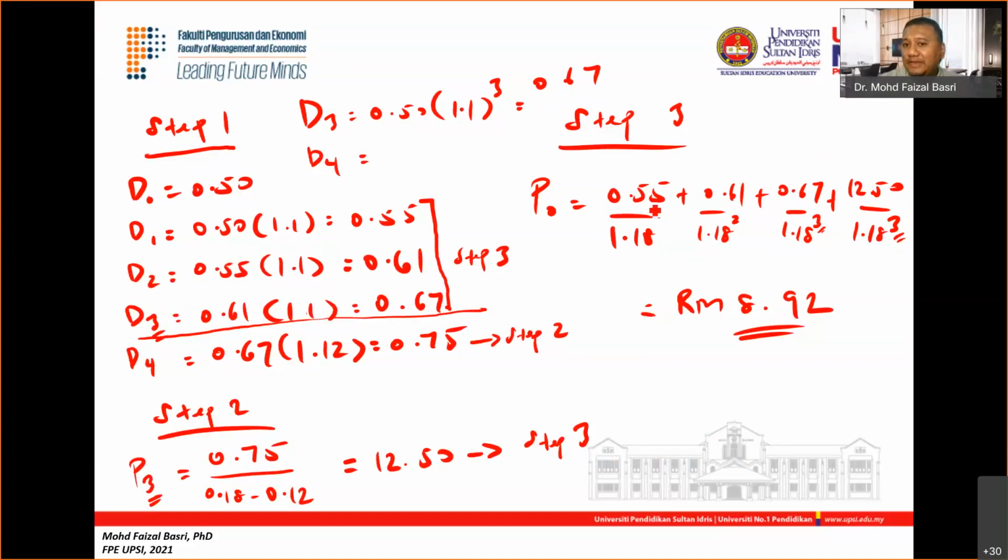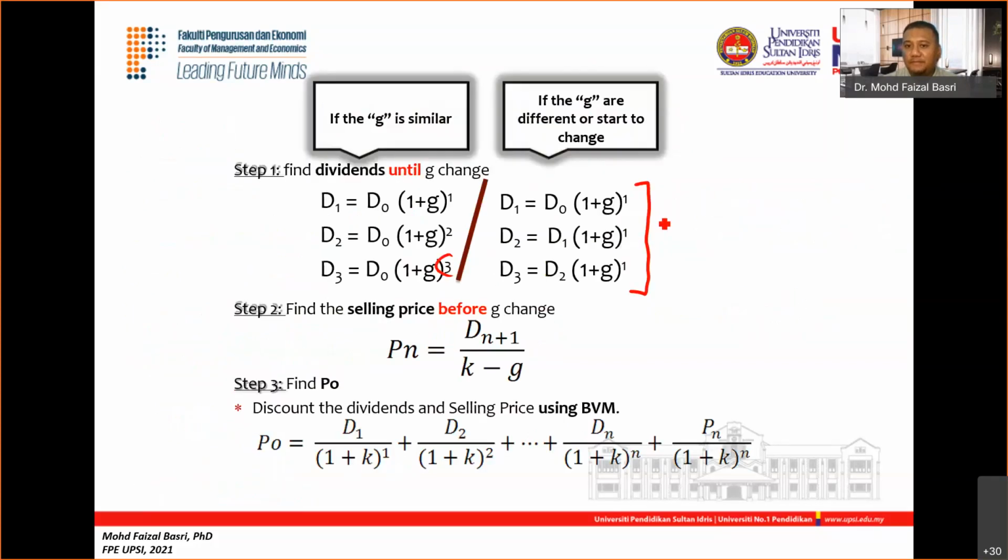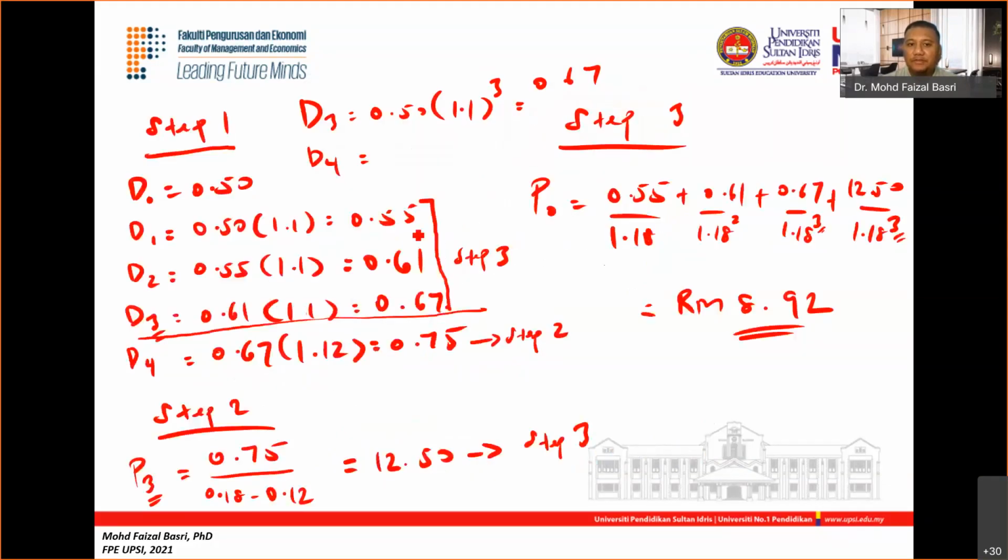You might miss some, but you need every year's dividend. So I suggest you use this one. Use one by one, because you need every year's dividend to be part of your dividend for step number 3.